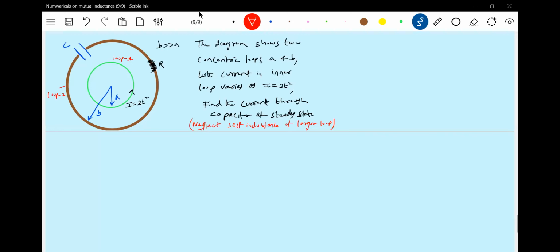Look at the conditions given, B very much greater than A. Now first, we should calculate the mutual inductance between them. How to calculate mutual inductance?